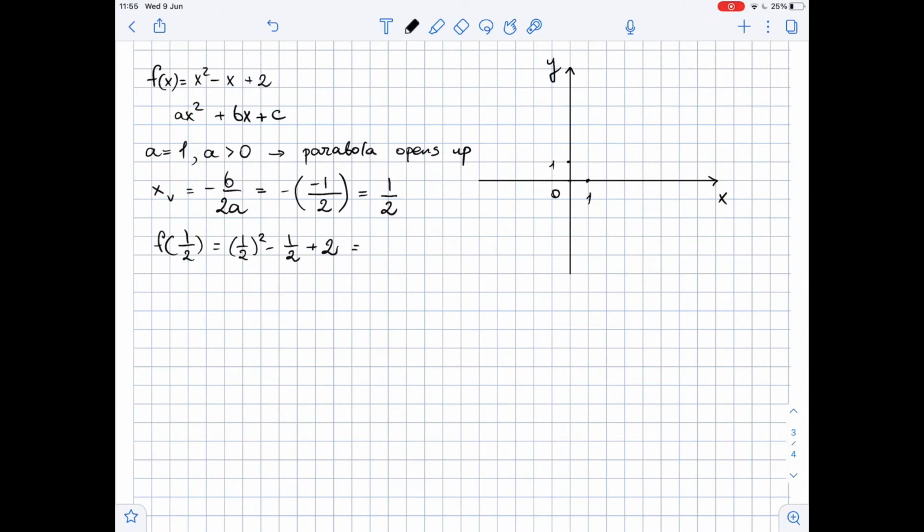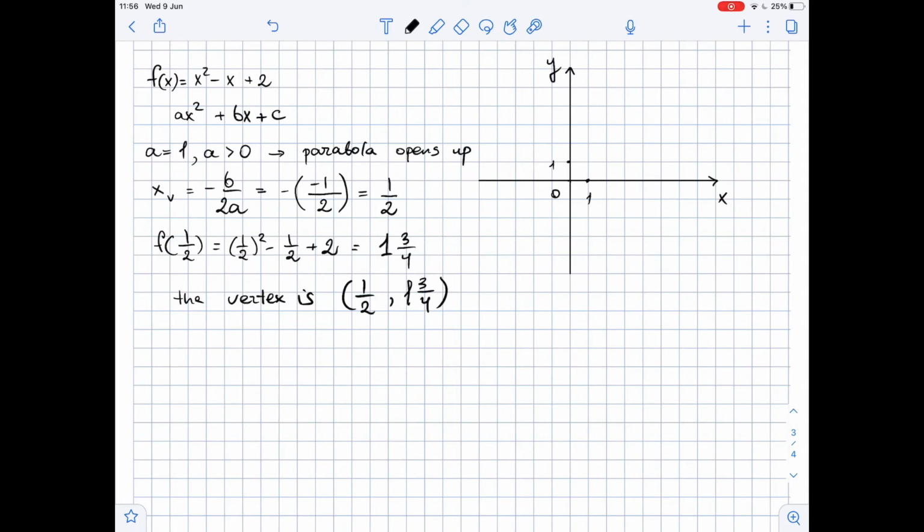So 1 over 2 squared is 1/4. 1/4 minus 1 second is negative 1/4, and negative 1/4 plus 2 is 1 and 3/4. So the vertex of our parabola is 1 second and 1 and 3/4.